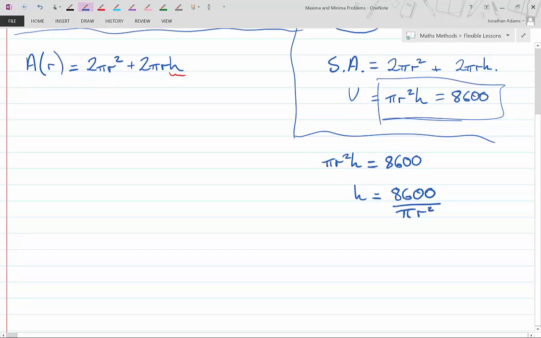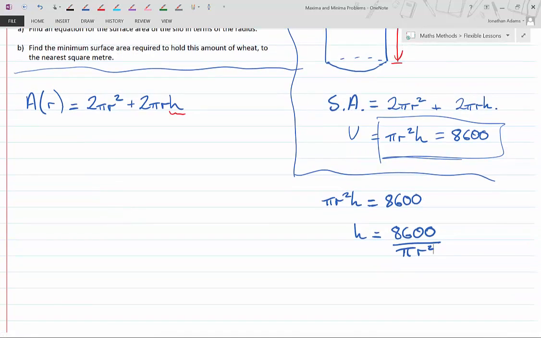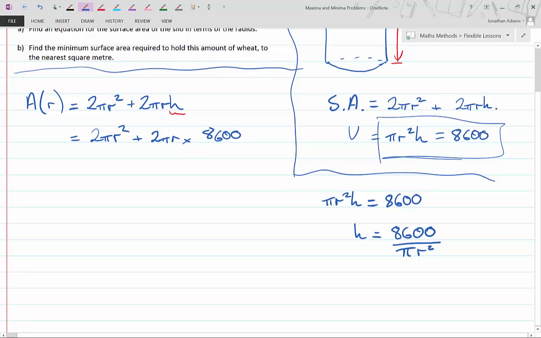It is good practice when dealing with things like pi to leave them in the equation for as long as possible, because you do get some nice things come out. Now that I have an expression for h, I can replace it in the equation. So I get 2 pi r squared plus 2 pi r times 8,600 divided by pi r squared. You can see why we don't put numbers in too early.